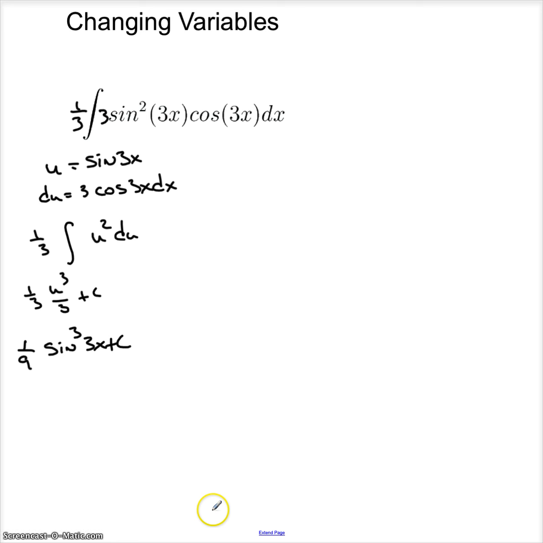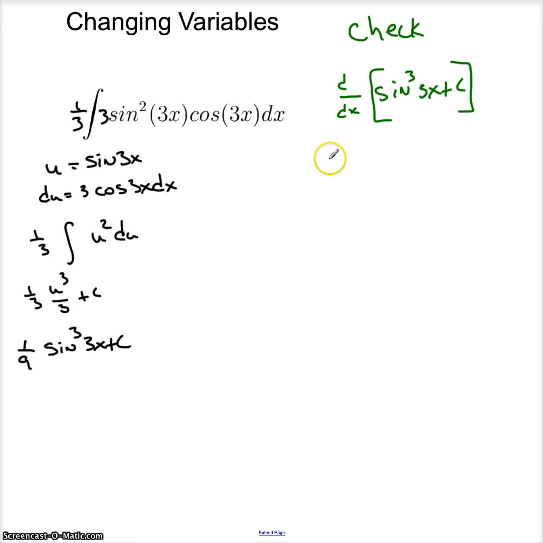All right, let's do our check. d/dx of sine cubed 3x plus c is 3 sine squared 3x times the derivative of what's inside, 3, plus 0.